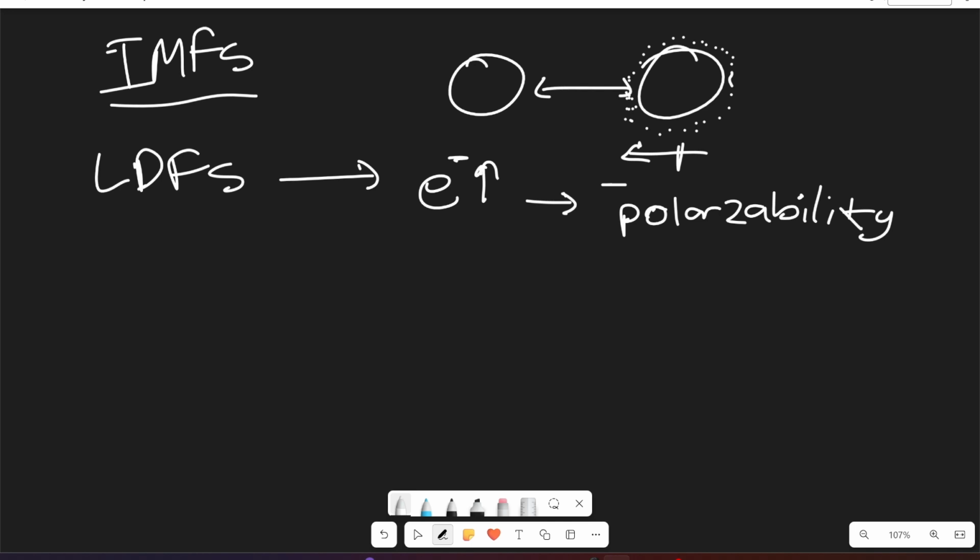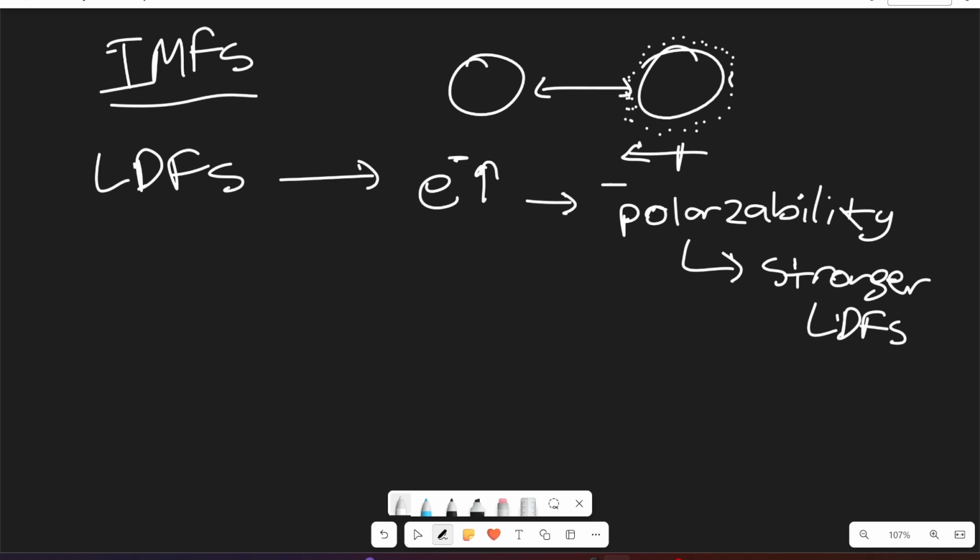So something may have stronger LDFs than another molecule because it has more electrons. If there are more electrons, it will be more polarizable, meaning that we'll have stronger LDFs. So that's essentially how LDFs work.